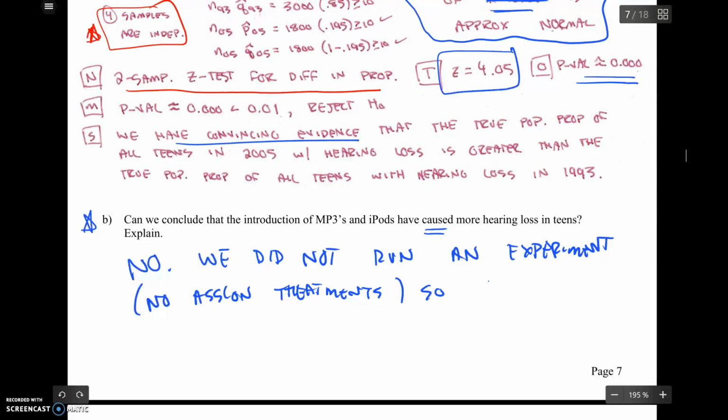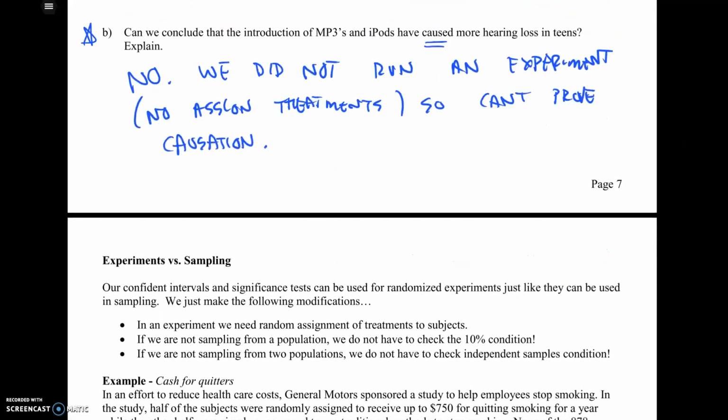So we can't prove causation. Basically, we can only say that there's a difference. Maybe there was something else that happened between those years. Maybe car audio is louder, stereo equipment is louder, or kids are playing more video games or watching more. Who knows? It could be something else. Maybe there's something in the air.